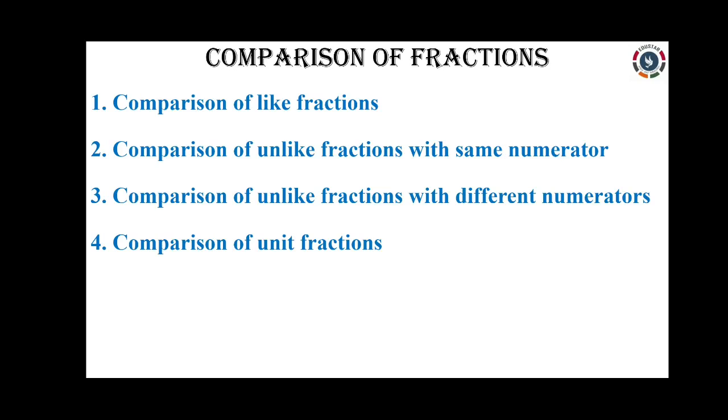Once again, I am recalling that in like fractions, the denominators must be the same. In unlike fractions, the denominators are different. In unit fractions, the numerator must be 1. In proper fractions, the numerator value is less than the denominator.